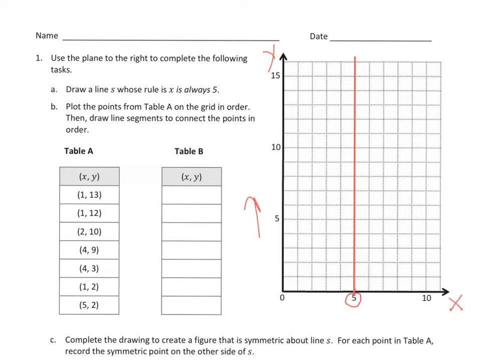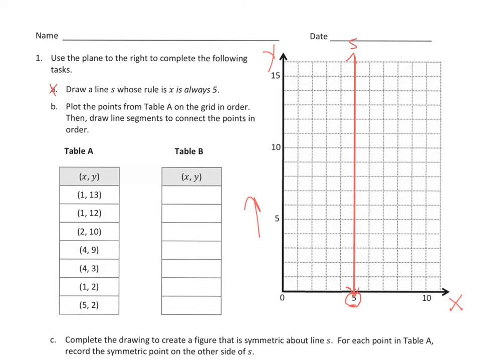Now, this is a line, so I got to put my arrows on. And I'm going to label this S. So that part's good. And I know x is always 5 because it's going to be right here. All of those have an x coordinate of 5.